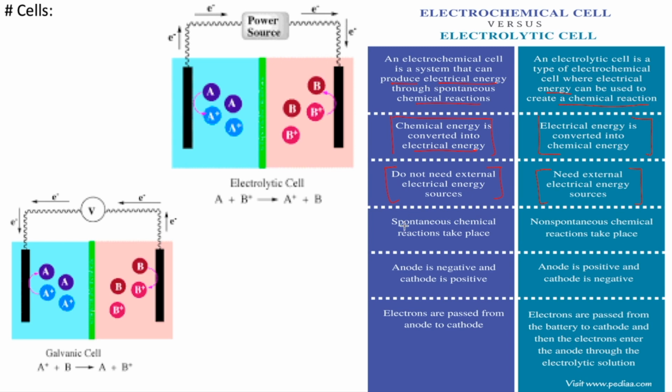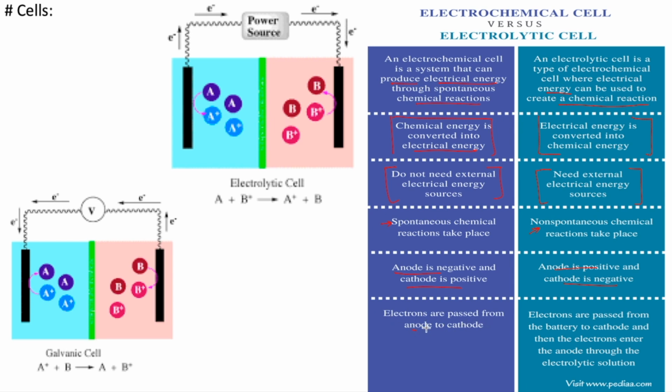Electrochemical cells take place through spontaneous chemical reactions, whereas electrolytic cells take place in non-spontaneous chemical reactions. Anode is negative and cathode is positive in electrochemical cells, whereas anode is positive and cathode is negative in electrolytic cell. This is a very important point. Every one of you should be careful about this.